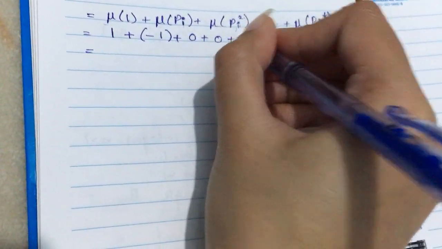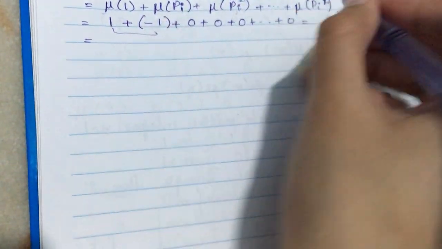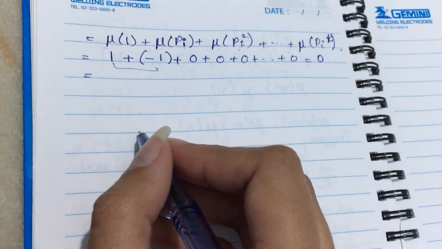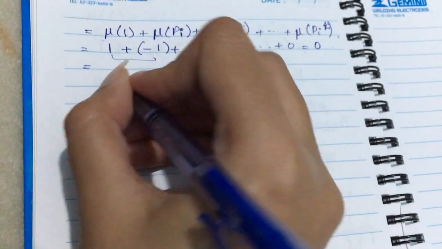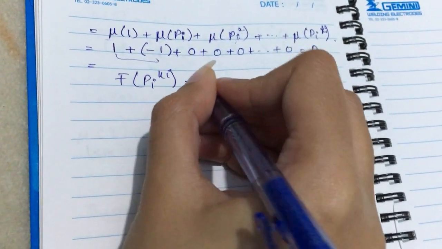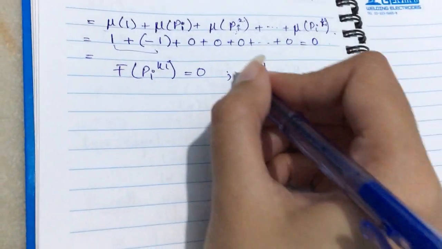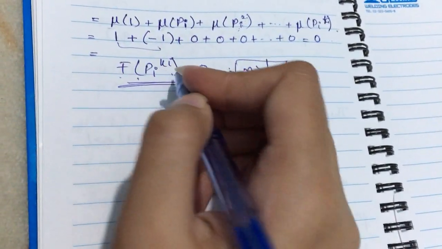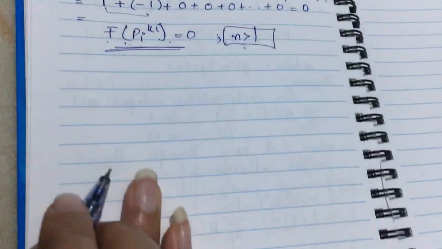So these all terms become 0, and that means this whole expression is equal to 0. So this is the condition here, that F of pi ki is equal to 0 when n is greater than 1. We proved this result that F of n is equal to 0 when n is greater than 1.